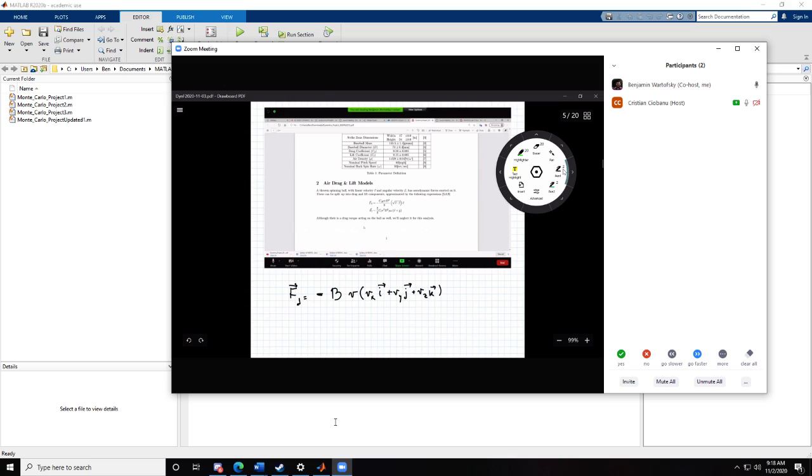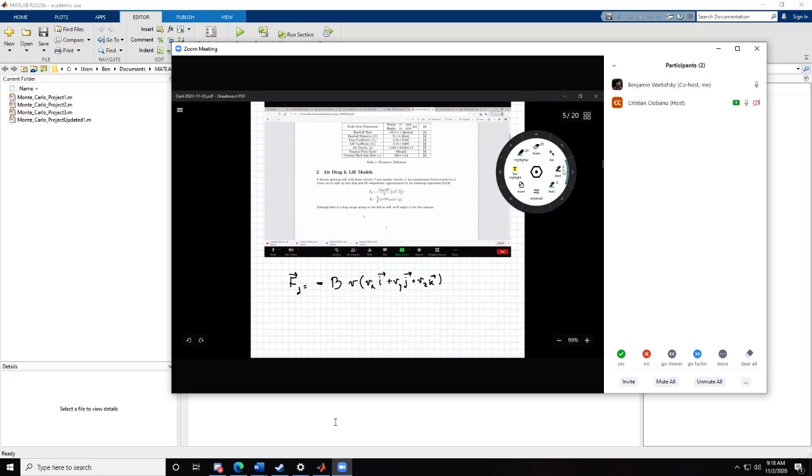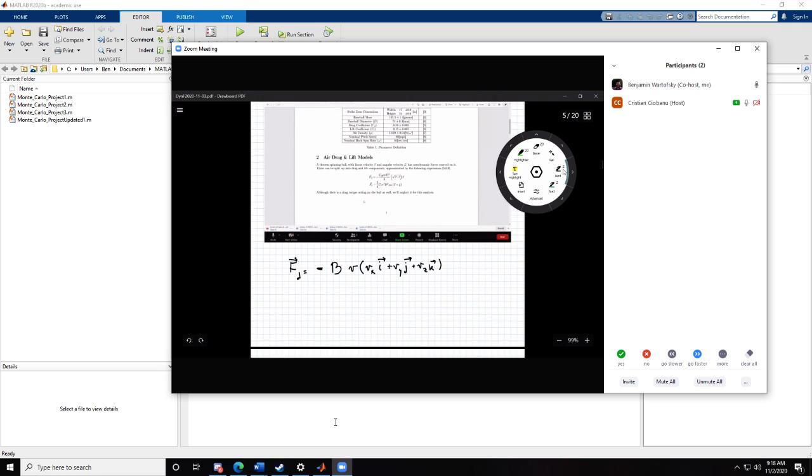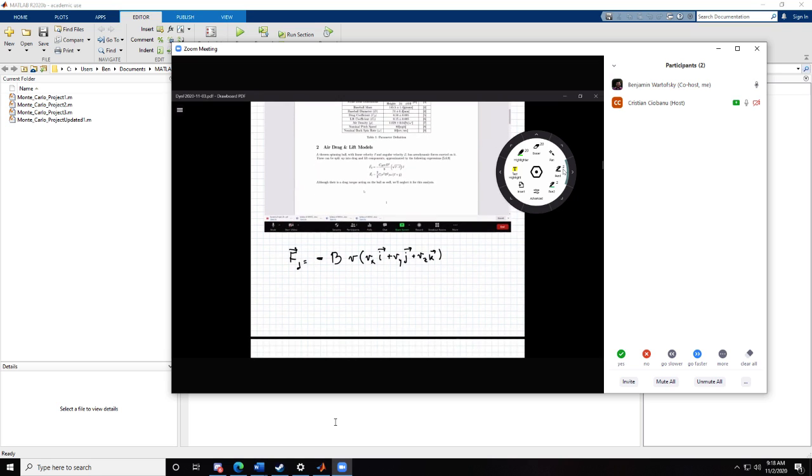So it's the magnitude of velocity times the vector velocity, right? Simple enough.